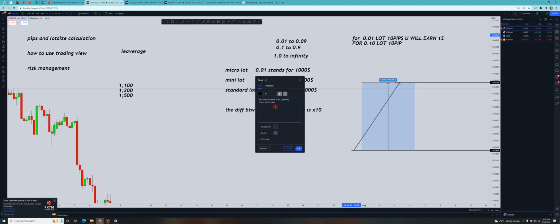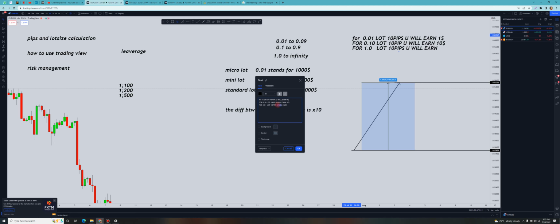Let me put them under each other. For 0.1 lot, 10 pips will earn you $10.